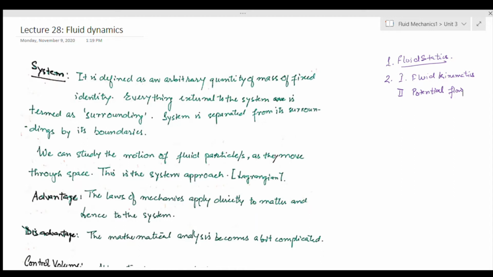So let's say phi 1, phi 2, phi 3 are solutions of Laplace equation. If we combine them together, phi 1 plus phi 2 plus phi 3, this would also be a solution to the Laplace equation.